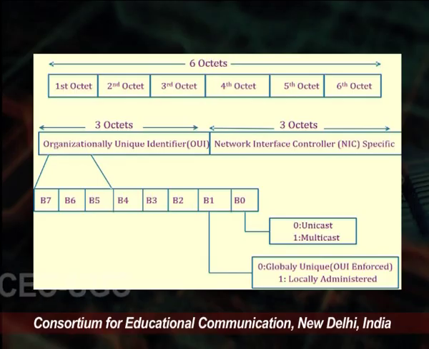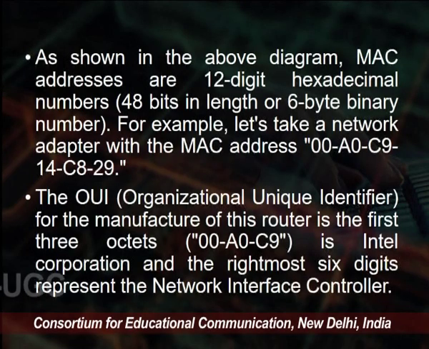So, basically as of now, we can say 6 octets: the first 3 octets are for the OUI, and the next 3 octets are NIC specific. A MAC address is a 12 digit hexadecimal number, which is 48 bits in length, or a 6 byte binary number. For example, let us take a network adapter with the MAC address 00-A0-C9-14-C8-29.